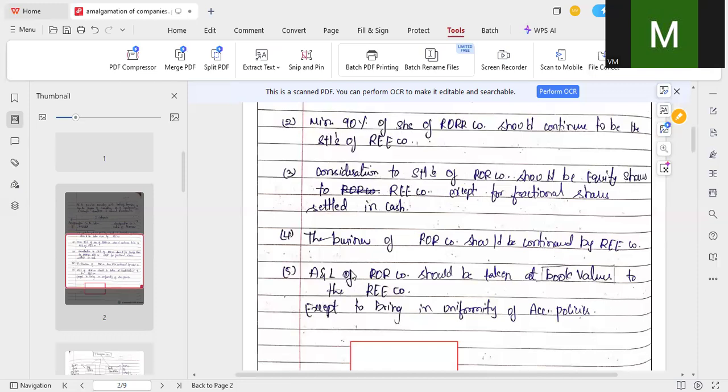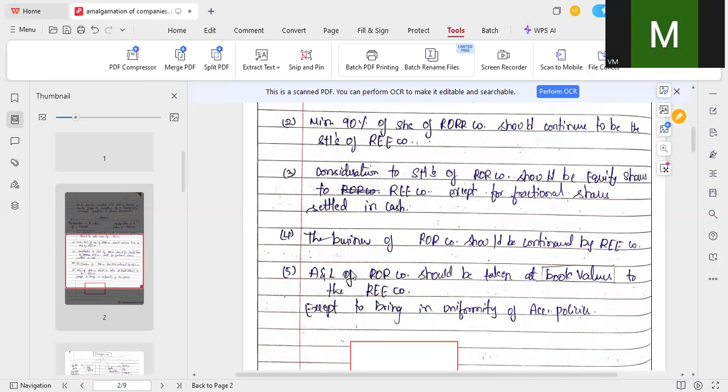So this Instagram, which will be taken over by Facebook, Facebook should continue the business of Instagram. That is the condition. Facebook cannot say, no, I will not continue your business, I will form my own new company and continue my own business. In that case, it will be amalgamation in the nature of purchase. It will not be amalgamation in the nature of merger.